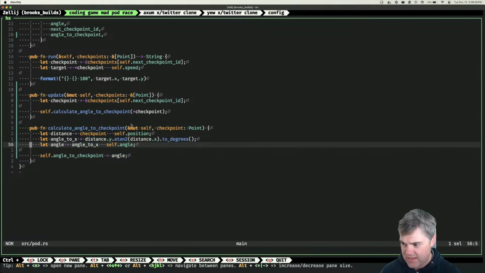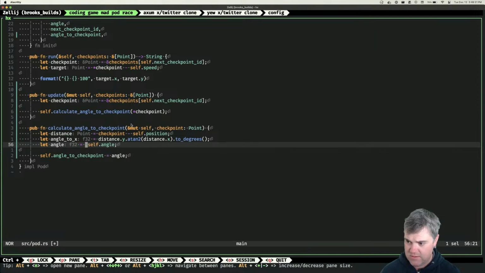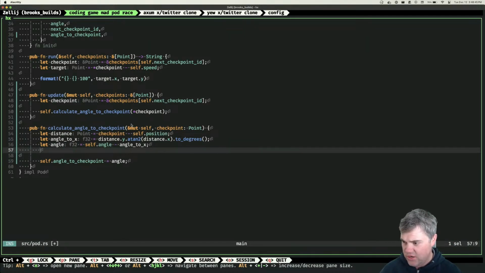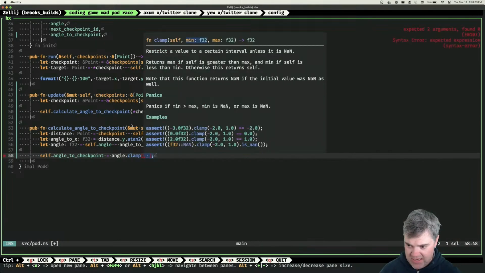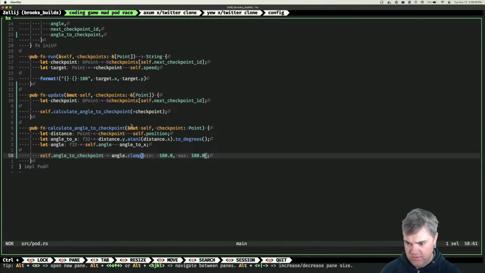So maybe our angle is actually self-lit angle minus angle to x. Just need some modding, so then I can clamp it once I get there. So let's try that. Let's also try clamp negative 180.0 to 180.0.